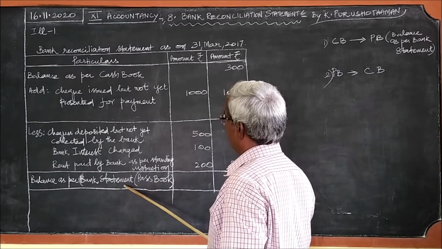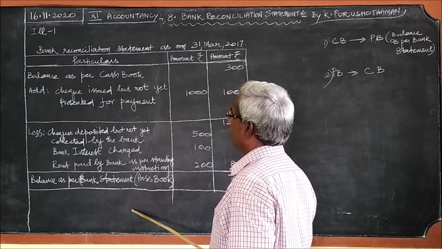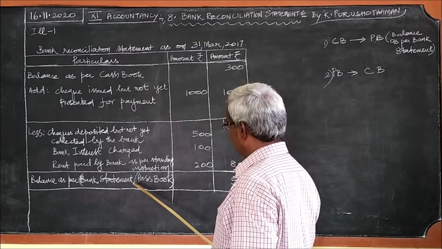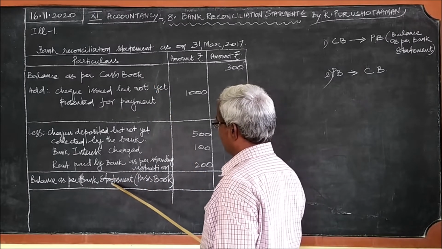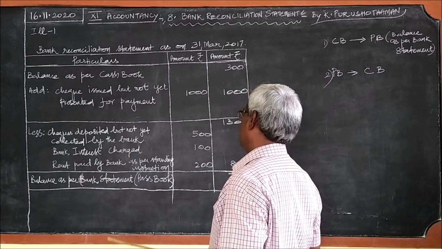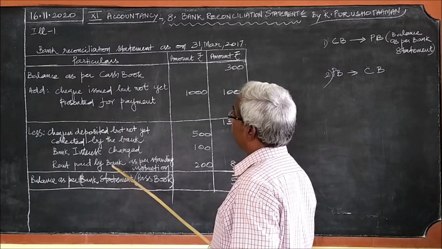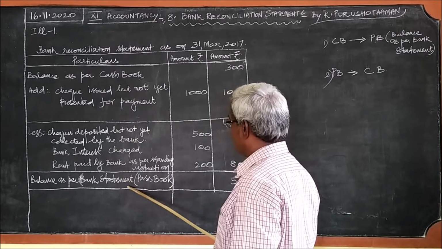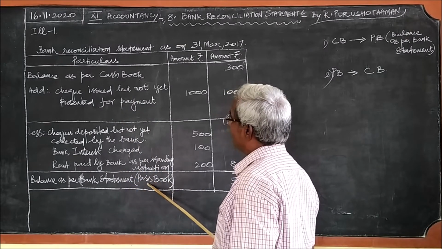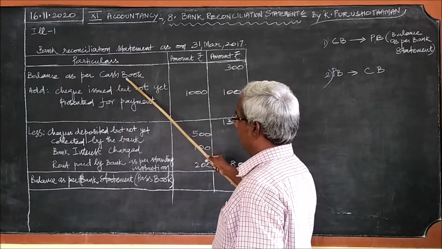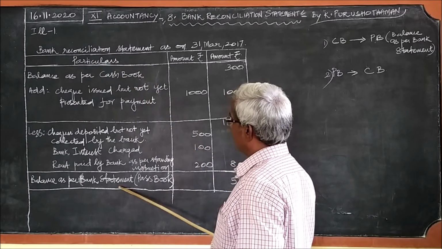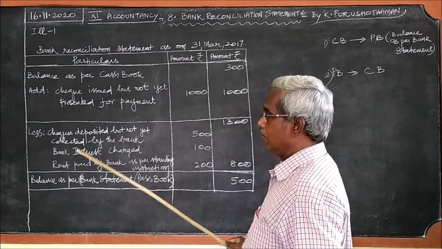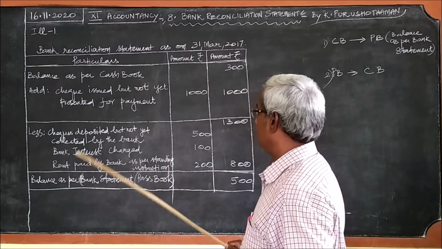Out of these two, one will be given. If cash book balance is given, you will find passbook balance, that is, balance as per bank statement. If balance as per bank statement, that is passbook balance, is given, you will find the cash book balance. If this is given, we can find this; if that is given, we can find the other. Out of these two, one will be given definitely in the problem.